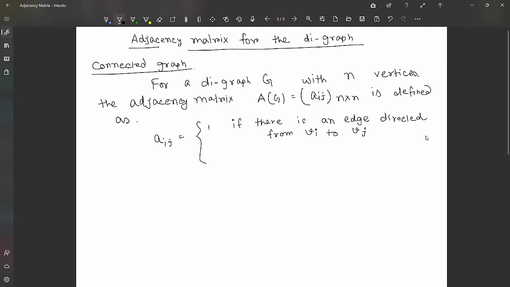So if there is a directed edge from Vi to Vj, then we put 1.